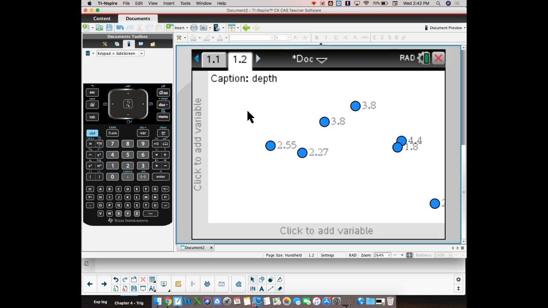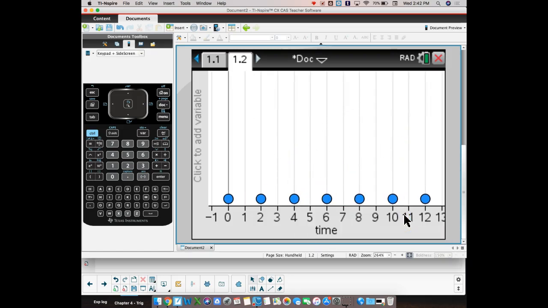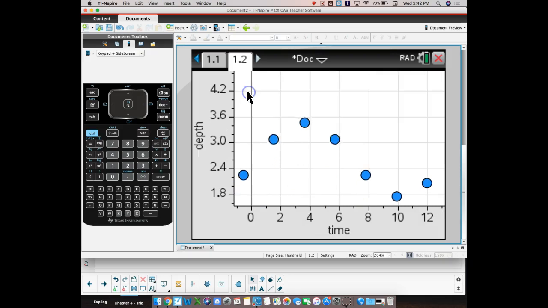Horizontally, what do I want on my horizontal? Time. Vertically, what do I want it to be? The other one, depth. Oh, does that look sinusoidal to you? That looks sinusoidal to me. Okay.